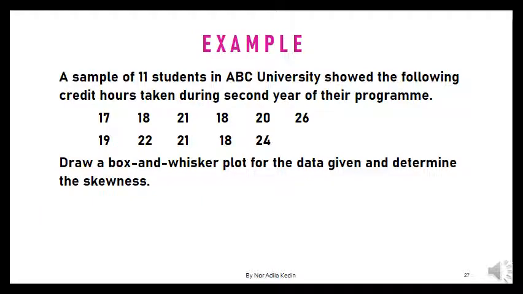So for example, we have a sample of 11 students in ABC University showed the following credit hours taken during second year of their programs. Okay, so ada 11 students. N sama dengan 11. Okay, so draw a box and whisker plot and determine the skewness ataupun the shape of distribution.